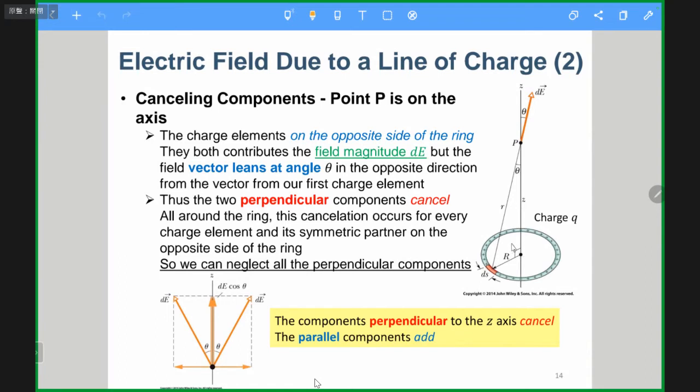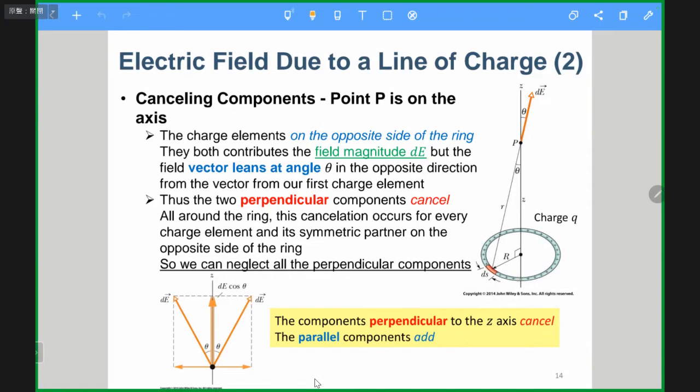For the previous one, we had the electric dipole, which means we connected the negative charge and the positive charge, and then extended it to be the z-axis. But here it is a ring, which means it is a circle. So the z-axis is defined as a line perpendicular to the plane of this ring, and this z-axis goes through the center of this circle. So this is how we define the z-axis.